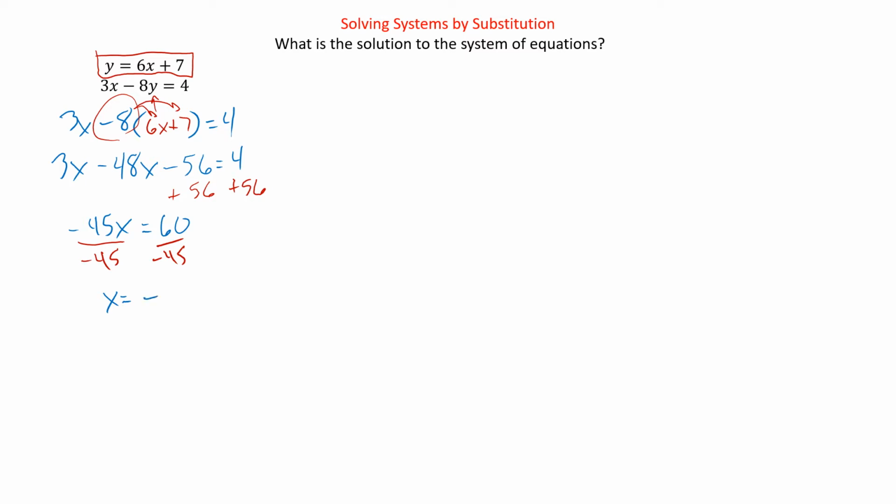And then 60 over 45, we could divide both of those by 15 to reduce to get negative 4/3. So x equals negative 4/3.